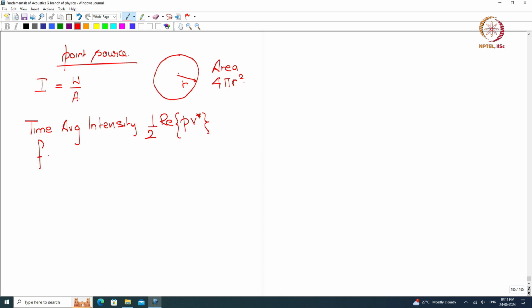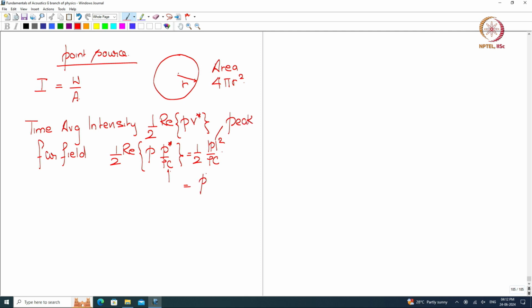Now in the far field, P and V are related. We get 1/2 the real part of P conjugate by rho c, where V is the particle velocity. So this is equal to 1/2 magnitude square of P by rho c, and this P is the peak value. So this is equal to P square RMS by rho c.